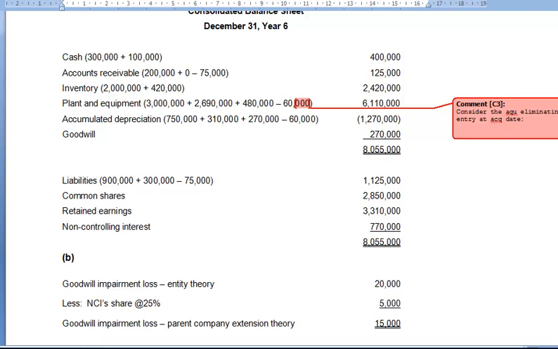If you were doing them, you would basically be doing what? Getting rid of the accumulated depreciation at $60,000 and you would be crediting your plant and equipment for $60,000 so that you're picking it up at its carrying value, right? And that's what they're doing. They're reducing the accumulated depreciation as well as the plant and equipment itself to show the plant and equipment at its carrying value at the date you would have picked it up, right?